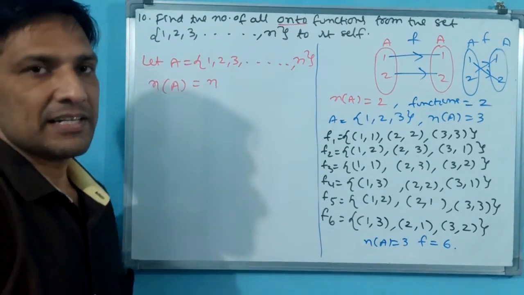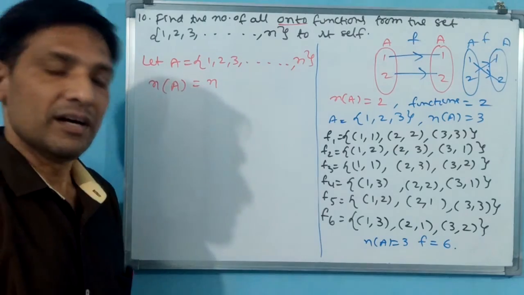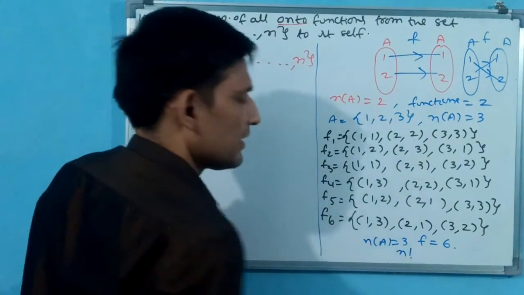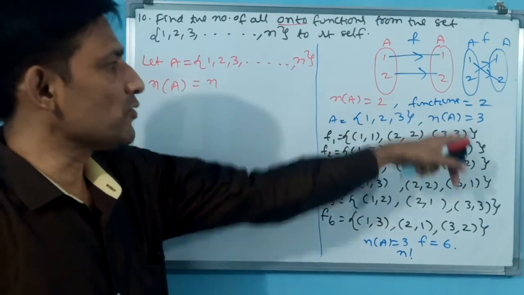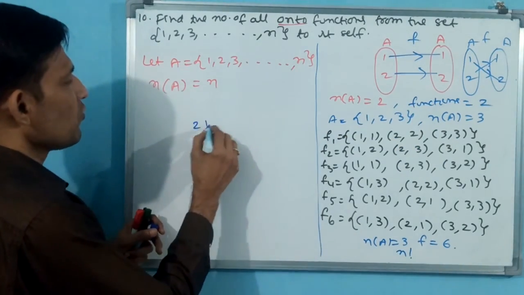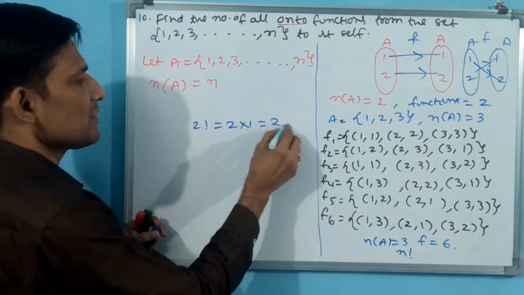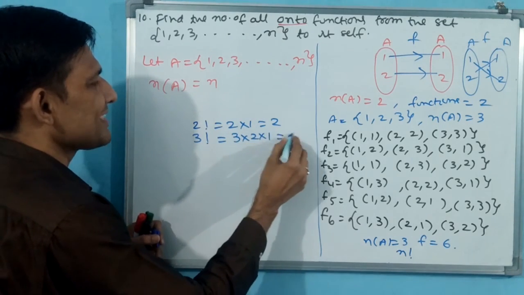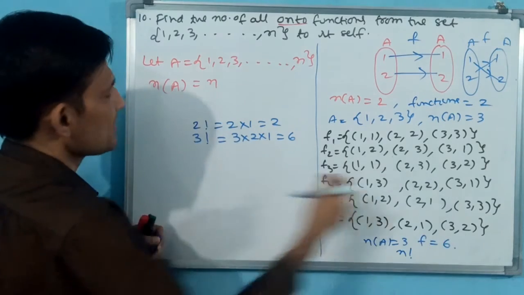What do you understand here by seeing this? Permutation. That means n factorial. 2 factorial is equal to 2 into 1, that is equal to 2. 3 factorial is equal to 3 into 2 into 1, that is equal to 6. 6 functions have come.